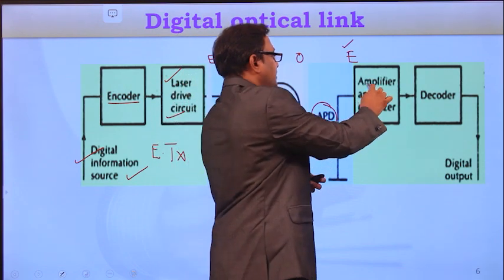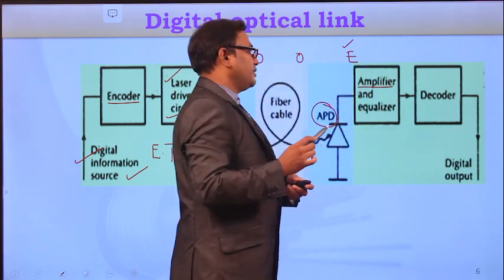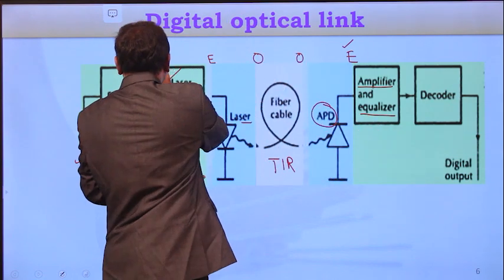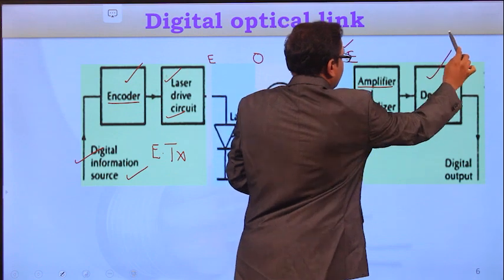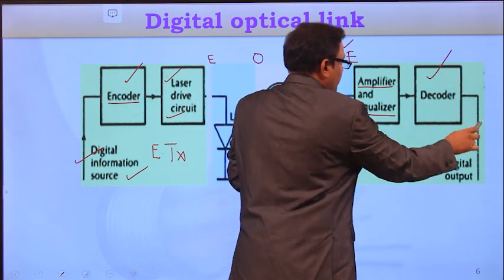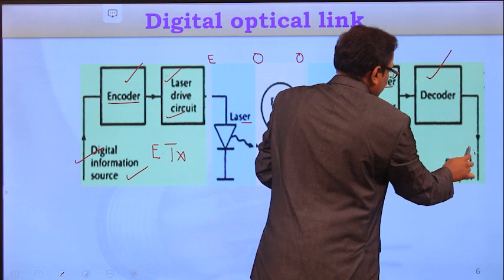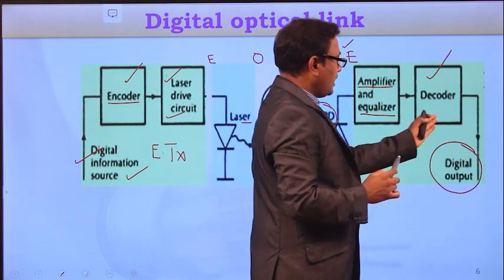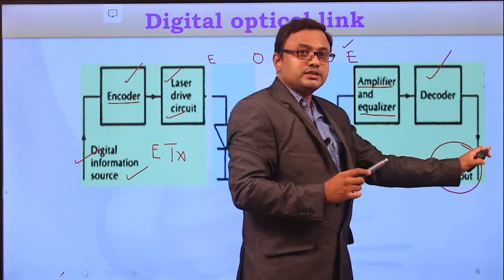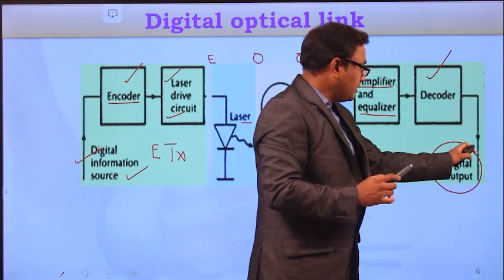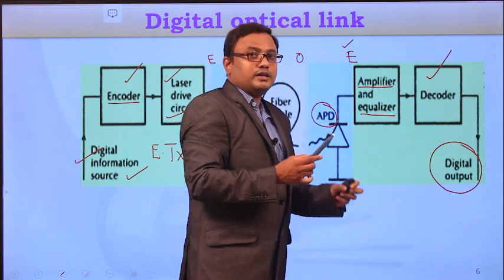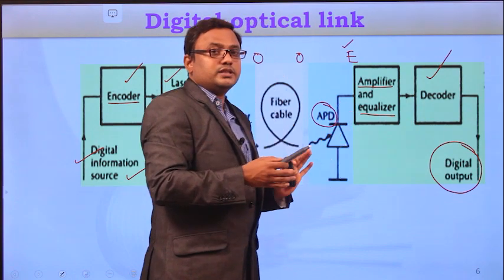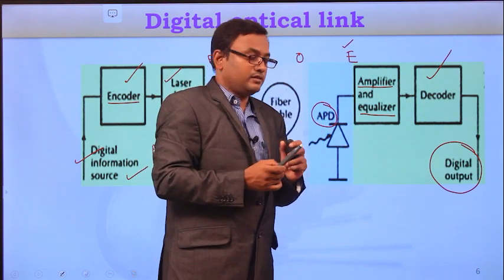Usually the electrical receiver section consists of amplifiers and equalizers, and since the data was encoded in the transmitter section, it should be decoded, and after decoding we get the electrical information in digital form. After this there is the transducer part, which converts this electrical signal into the original physical information.